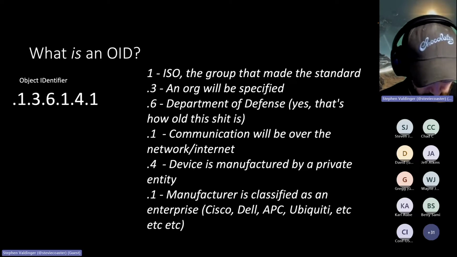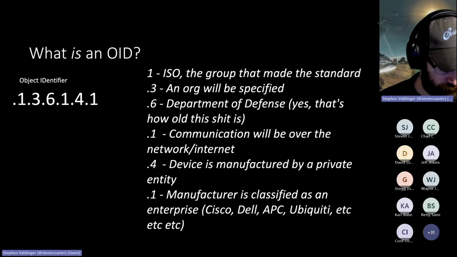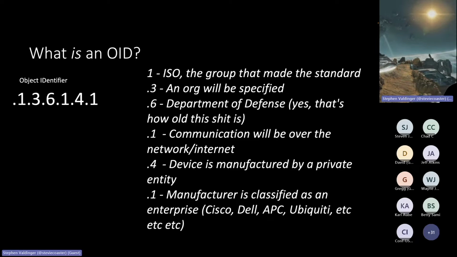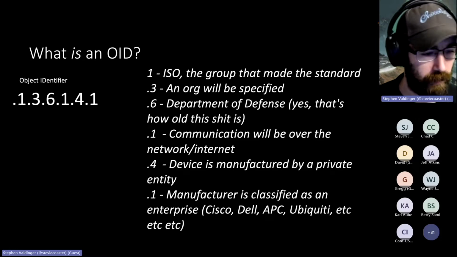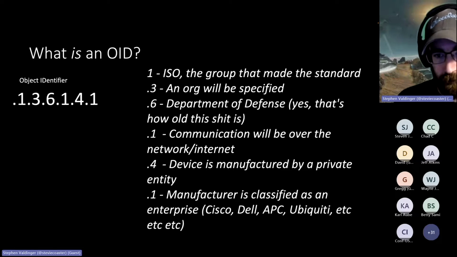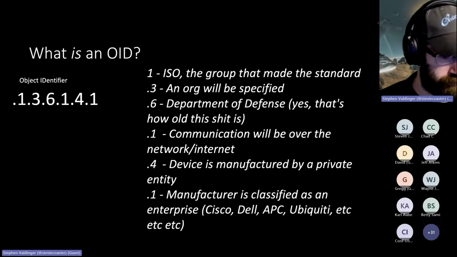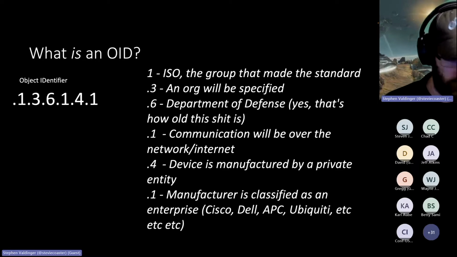So it doesn't matter if you buy something from Cisco, from Ubiquiti, from Extreme, from Aruba, from whatever. If it supports SNMP, dollars to nuts, things are going to start with dot one, dot three, dot six, dot one, dot four, dot one. That's just how it is with this kind of thing.